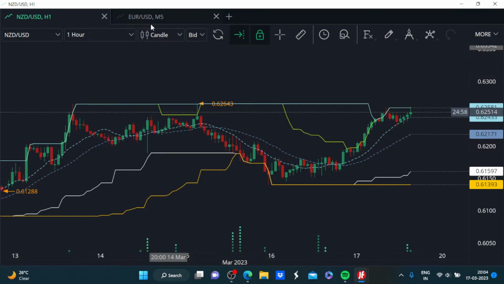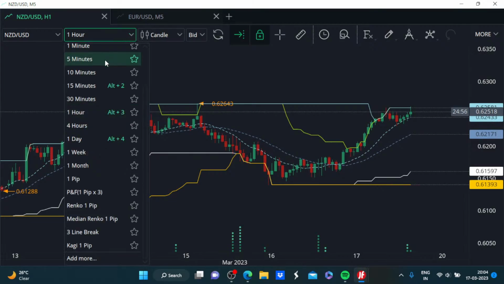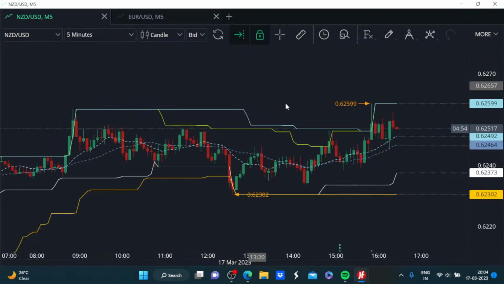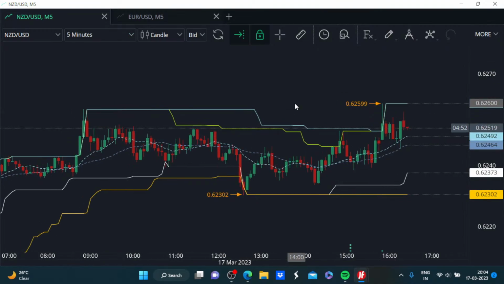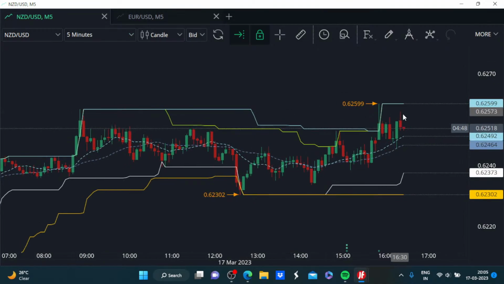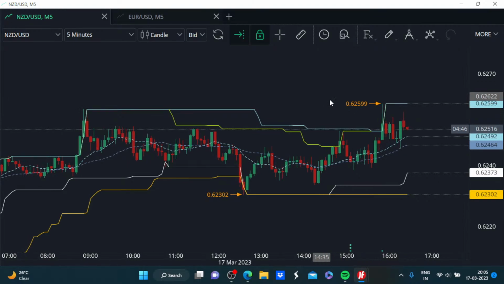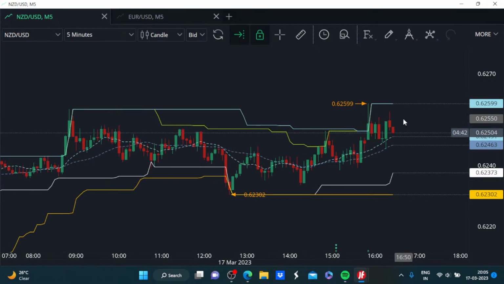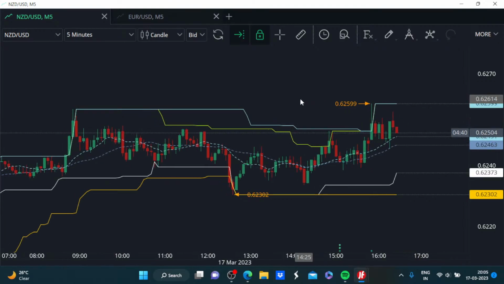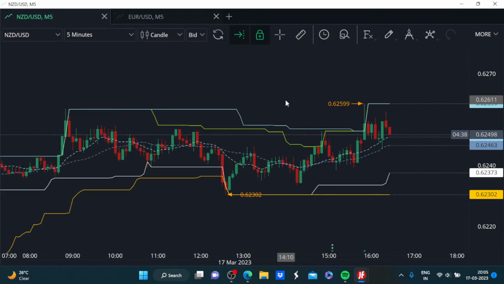That possibility is quite strong as of now, and even now the momentum is in favor of the bulls. We are seeing this spike in the NZD, and if it is able to hold around these levels, then we can expect further gains to accrue in the NZD in coming hours.